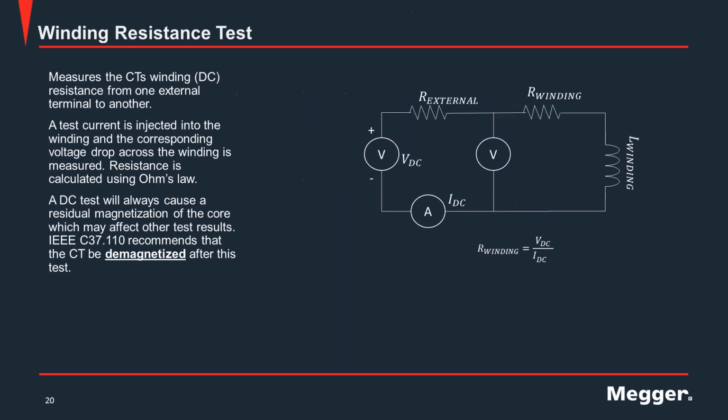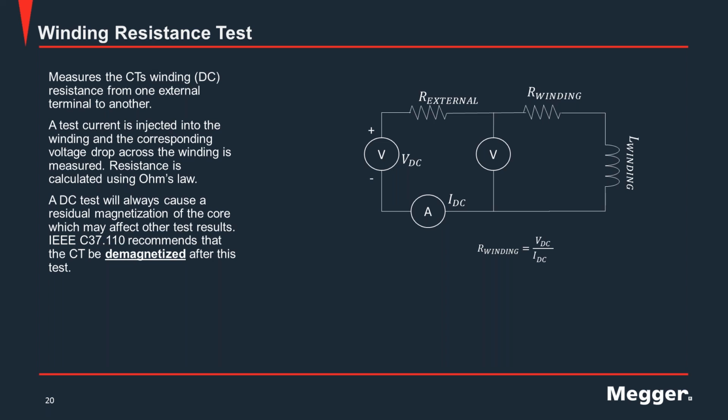Okay. Winding resistance test. This measures the CT winding resistance from one external terminal to another terminal. As you can see in the CT, we have the primary winding or the primary conductor, primary terminal, and we have the secondary terminals.